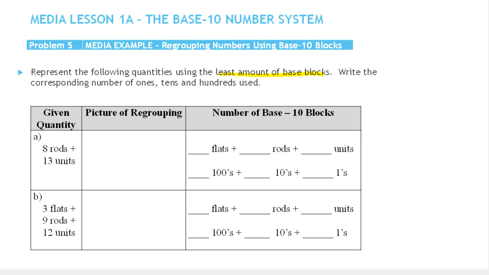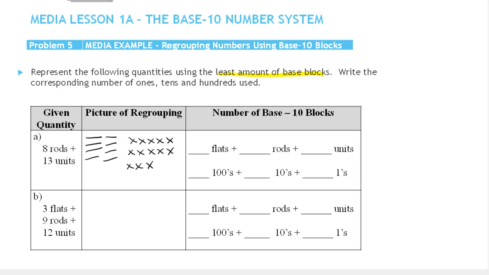So let's write that up. So 8 rods, 1, 2, 3, 4, 5, 6, 7, 8. And now we're going to draw 13 units. 1, 2, 3, 4, 5, 6, 7, 8, 9, 10, 11, 12, 13.